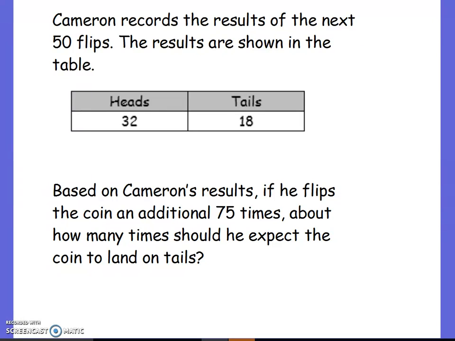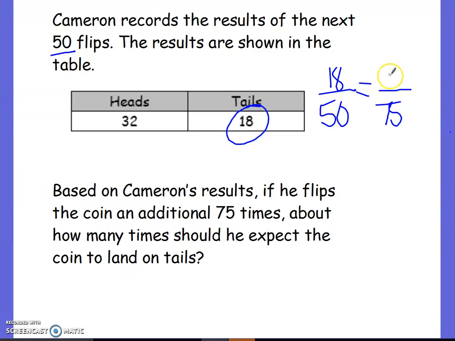Cameron records the results of the next 50 flips. The results are shown in the table. Based on Cameron's results, if he flips the coin an additional 75 times, about how many times should he expect the coin to land on tails? So our experimental probability is 18 out of 50 flips, but we want to do it for an additional 75.